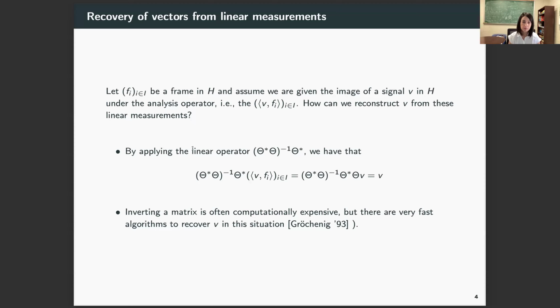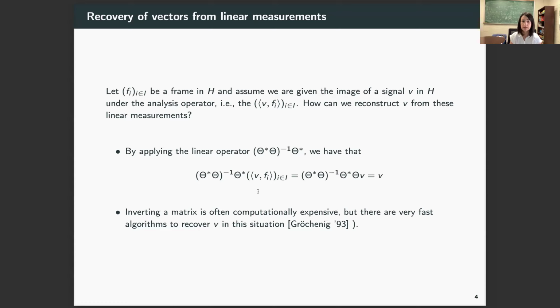If I apply this linear operator, which is the combination of theta, the analysis operator, and theta star, the synthesis operator, to my frame coefficients, I can take V back. This is the reconstruction that happens by just applying this linear operator. Everything works out nicely, and I can recover my vector by only knowing the frame coefficients.